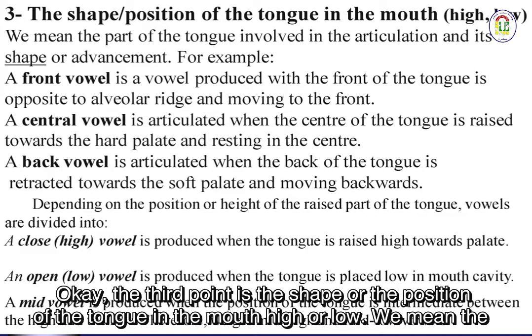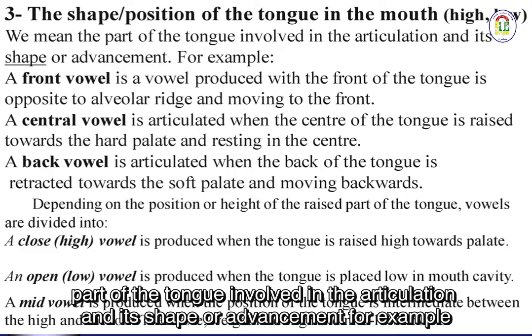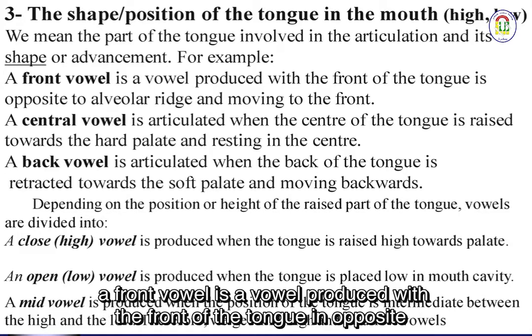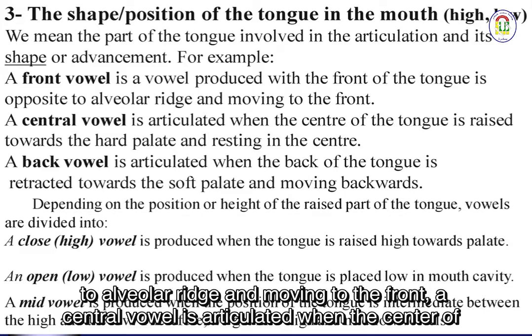Okay, the third point is the shape or the position of the tongue in the mouth, high or low. We mean the part of the tongue involved in the articulation and its shape or advancement. For example, a front vowel is a vowel produced with the front of the tongue opposite the alveolar ridge and moving to the front.